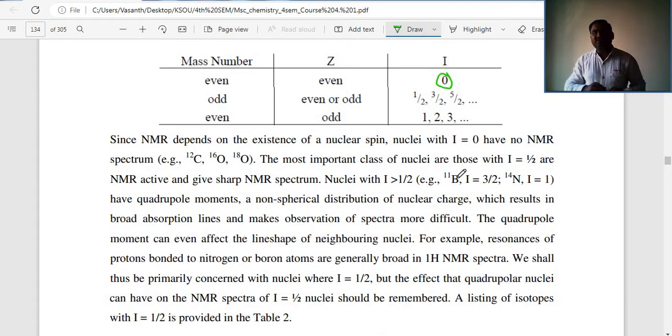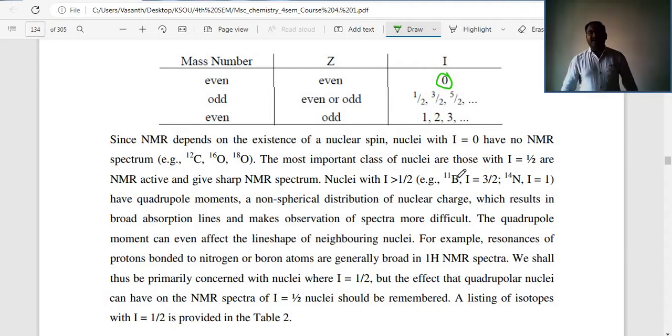NMR depends only on the existence of a nuclear spin. Nuclei with I equal to 0 have no NMR spectrum, for example carbon 12, oxygen 16, oxygen 18. The most important class of nuclei are those with I equal to 1/2, which are NMR active and give sharp NMR spectra.